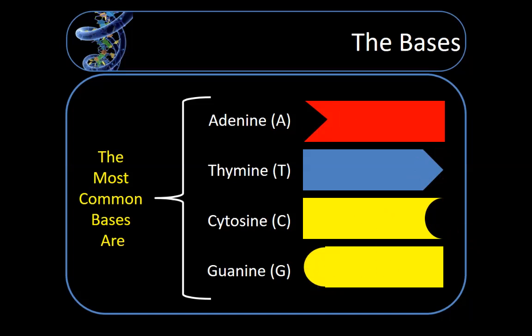The bases are very specific in how they attach to each other. They don't actually look like this, as I mentioned, but shape is a really important reason why adenine fits to thymine and cytosine fits to guanine.